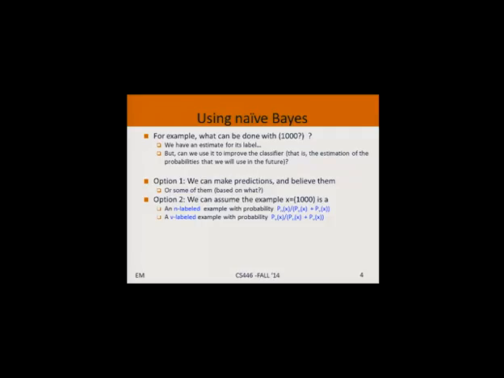That is, if your model tells you that this is an N example with some probability and a V example with some probability, keep these two labels and keep the distribution over them. So every example now does not have a single label, but rather has two fractional labels. With some probability it's N, with some probability it's V.